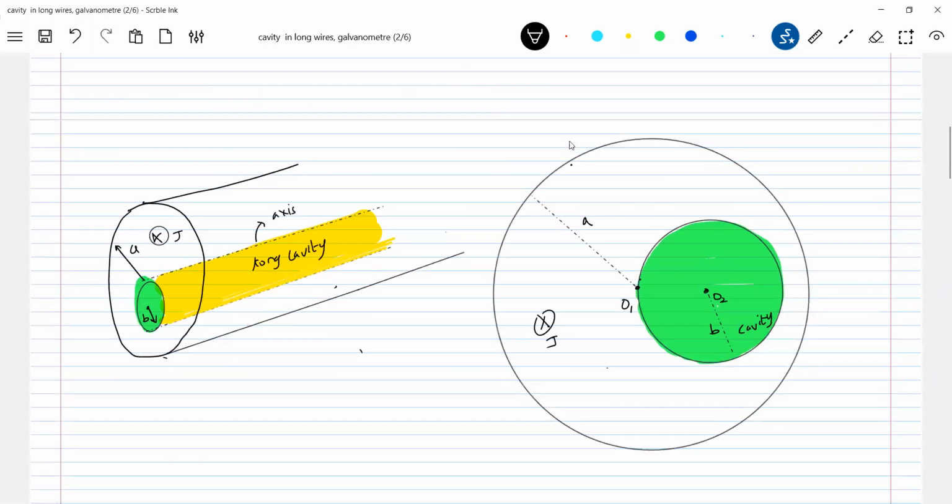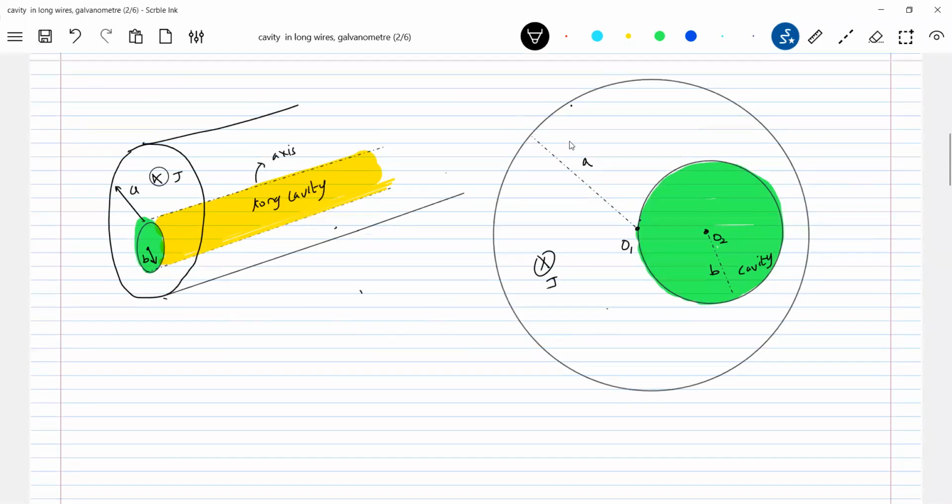Okay, now we'll talk about the cavity one. So there's a long wire. If a cavity is formed along the length of the wire such that the axis of the cavity is parallel to the axis of the wire, that one. So we do have two axes, one axis of the cavity, another is the axis of the wire.